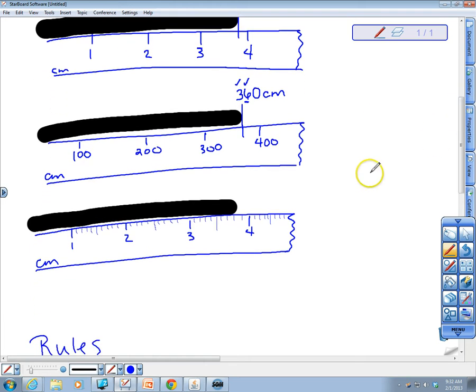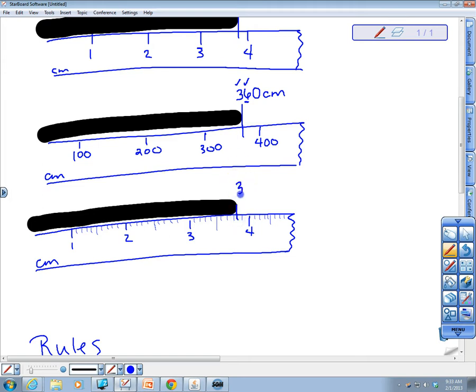If I look at this ruler, now I have the centimeters, but I also have the markings for tenths of a centimeter. So when I'm reading this ruler, I know that this is 1 centimeter, 2 centimeters, 3 centimeters, 3.1, 3.2, 3.3, 3.4, 3.5, 3.6, 3.7, 3.8, and a little bit over.